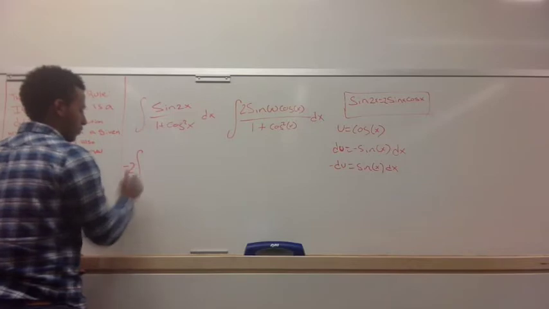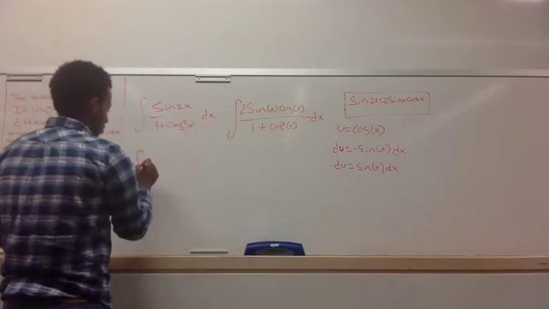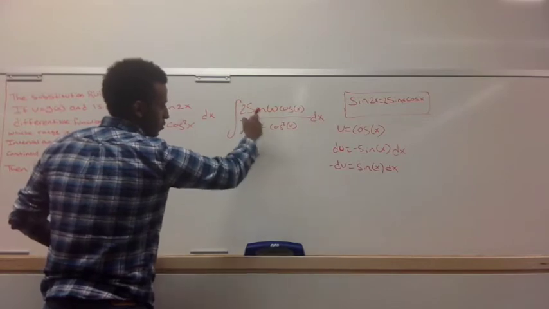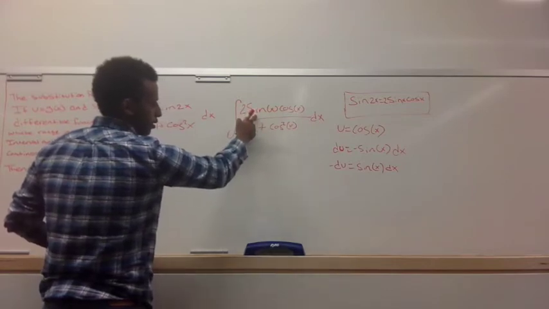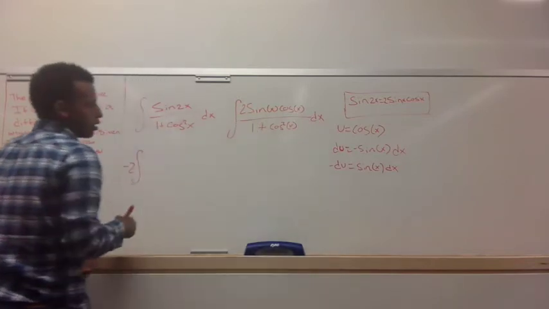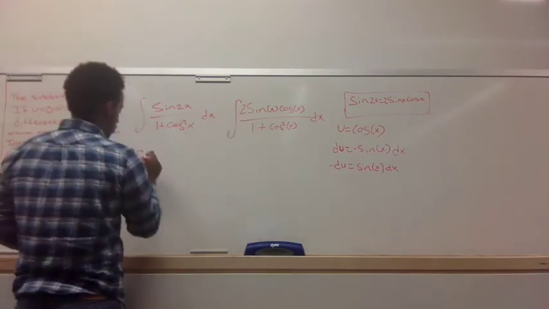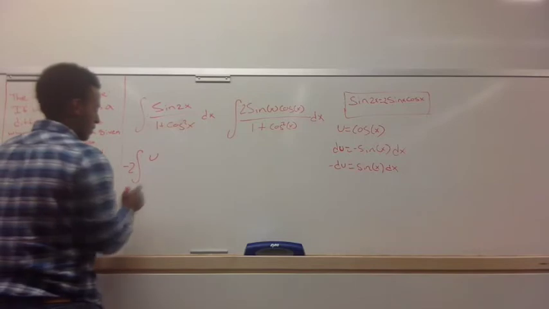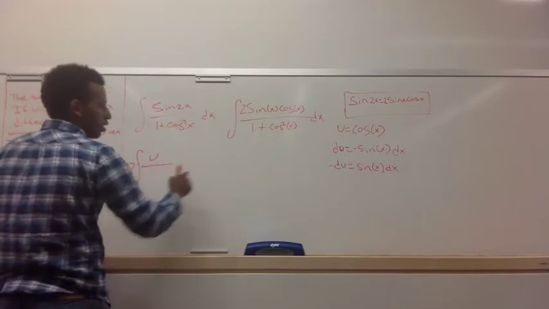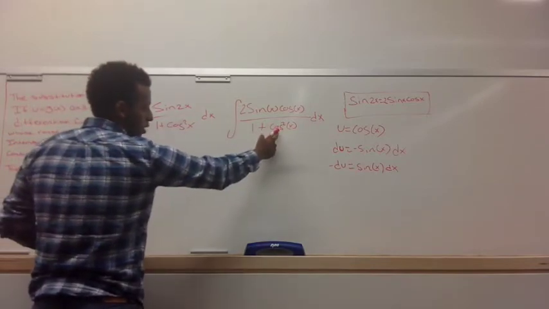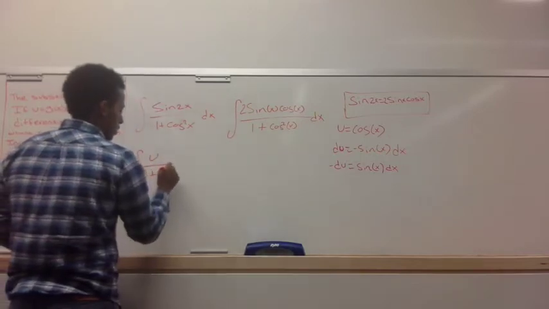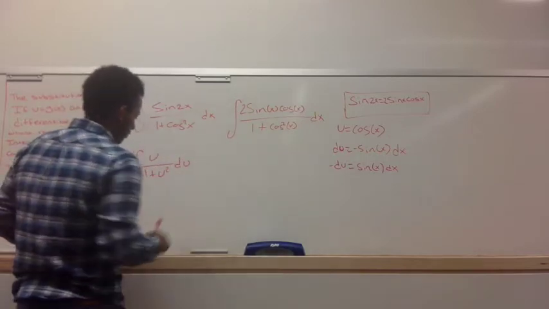Negative 2, u replaces the cosine, the sine dx is replaced by the du. So this whole thing becomes just u. The 2 goes outside just because it's a constant. Over 1, and this is cosine squared, so it's u squared. 1 plus u squared du.